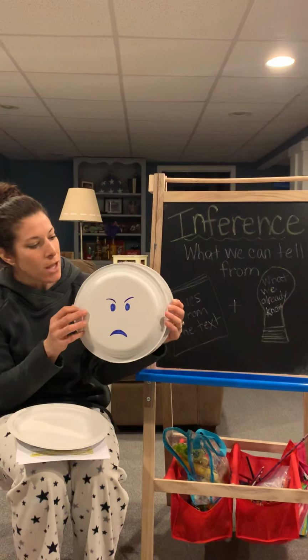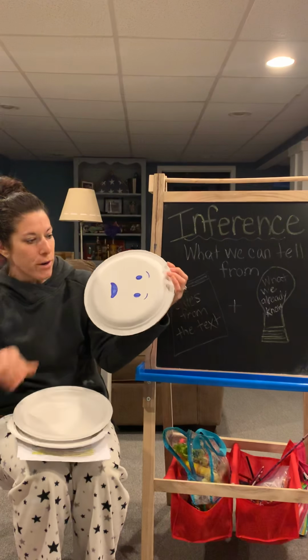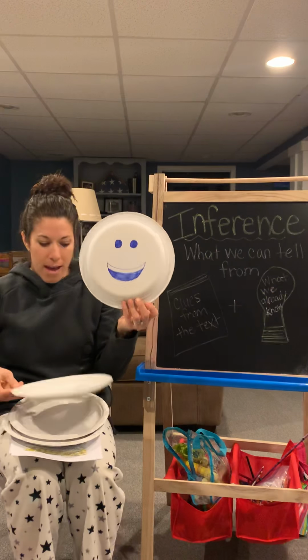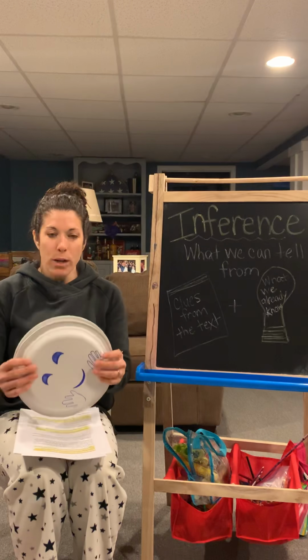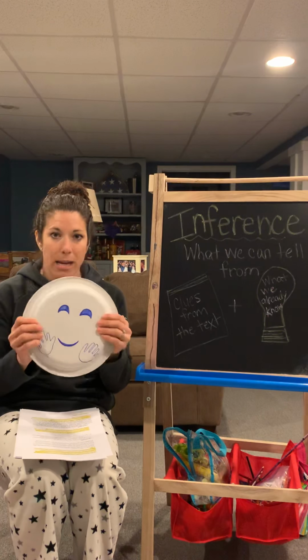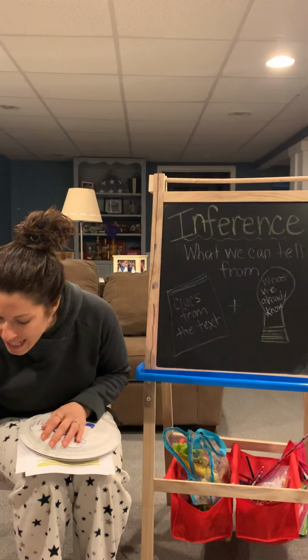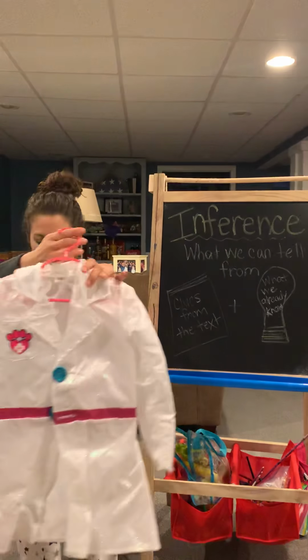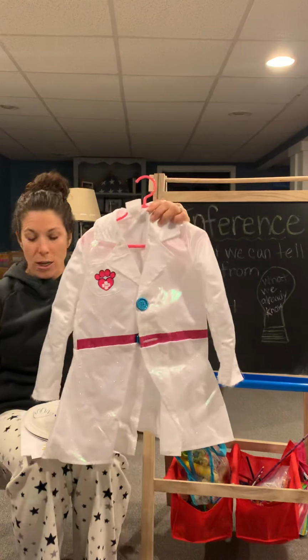So students would choose a partner in this station. They would choose a partner that they're going to work with, and they have to choose one paper plate. So they pick an emotion, and then they get to dress up using some of the props that I will have in the classroom. So I have a doctor's lab coat.